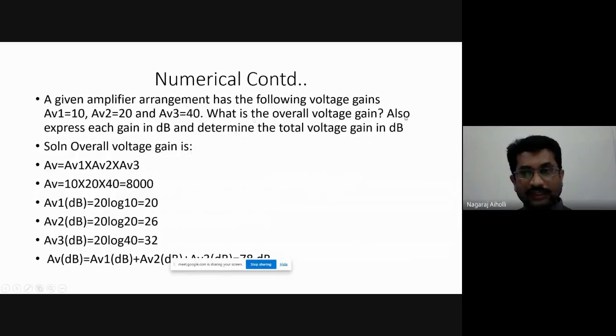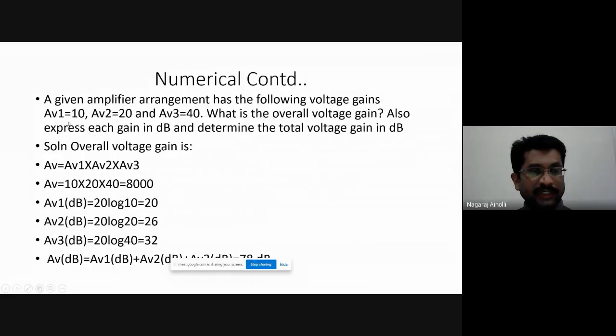Next, what they're asking is also express each gain in dB. You have to find the gain values in dB and then find the total voltage gain in dB. Now, if you want to find the voltage gain in dB, what is the formula? 20 log the gain to the base 10.